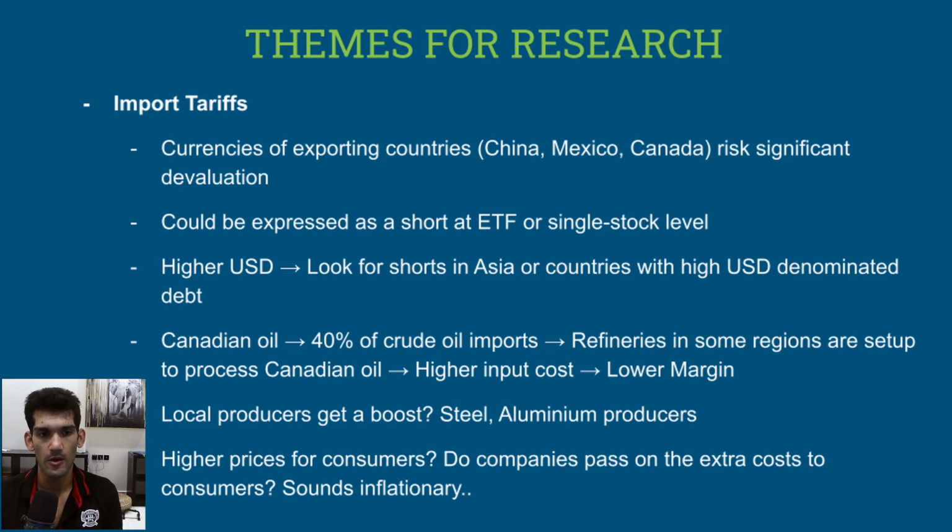Trump has also come out and said he's going to impose tariffs on Canada, which could be a bit of a problem here, because 40% of the US crude oil imports come from Canada, and the crude oil imports from Canada would go to refineries that are set up to process that type of oil.